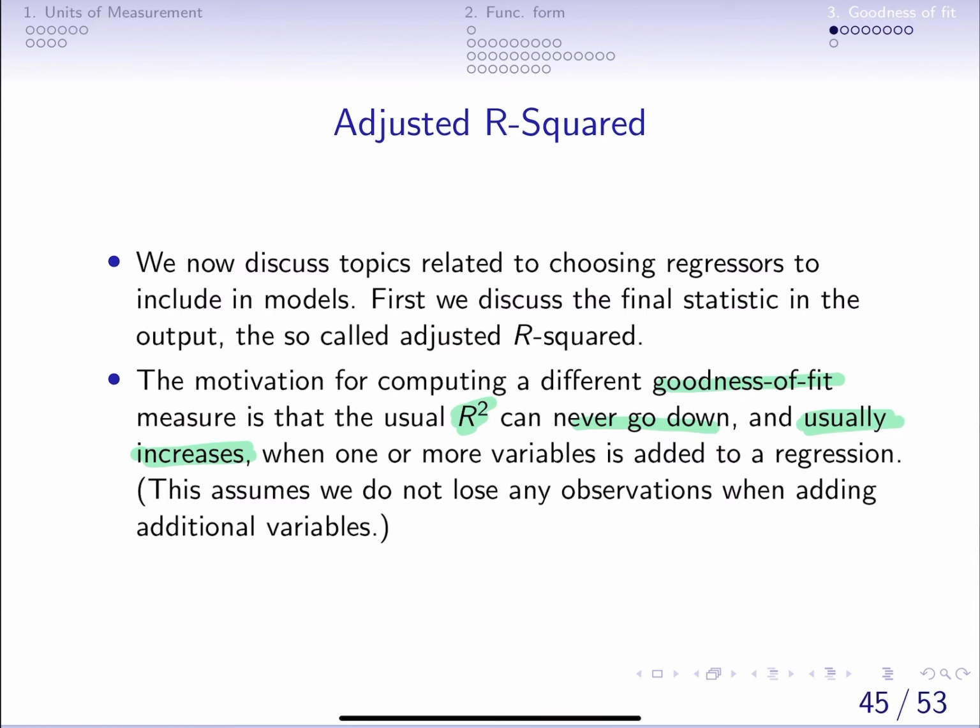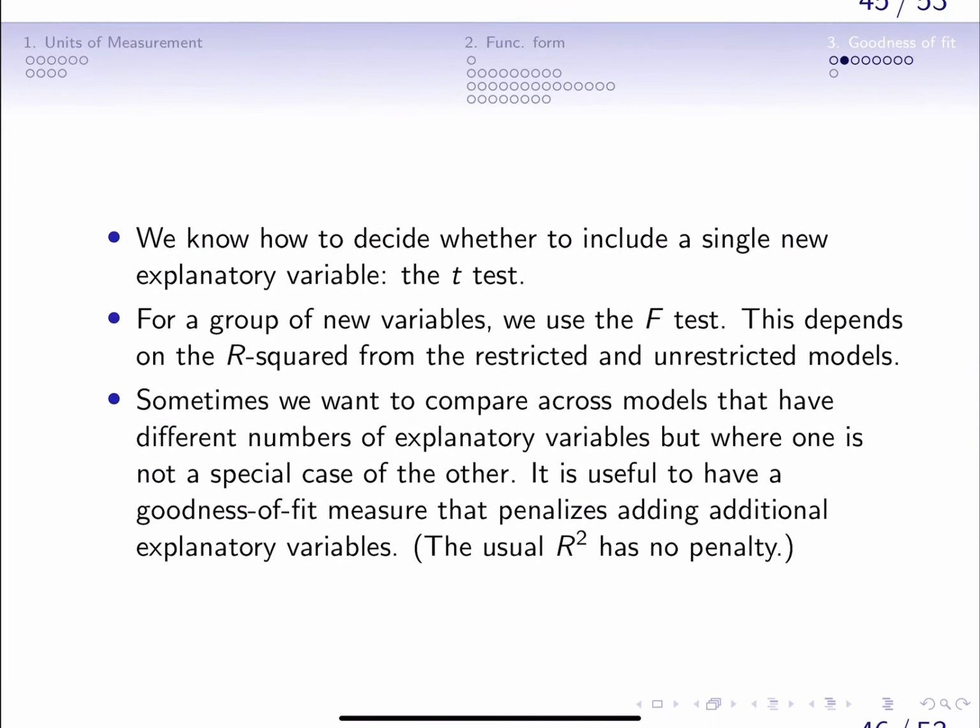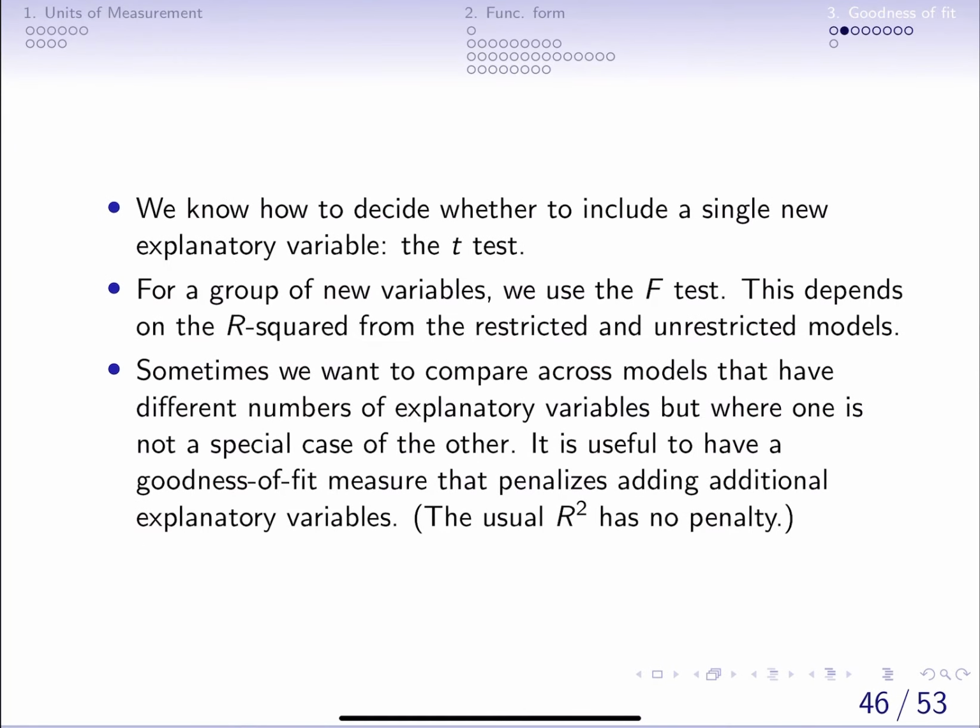In other words, the r-squared statistic is not penalized for the number of variables that are added to the regression. Usually we are using the t-test to determine whether to keep a single new explanatory variable in our regression or not.